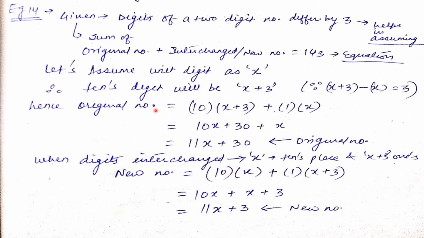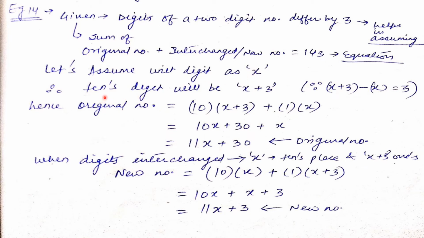Now, the original number will be 10 into the tens place digit, that is x plus 3, so 10 into (x plus 3), plus 1 into the ones place digit, that is x. I am repeating it one more time. I have assumed the unit digit as x, so its place value will be x into 1.